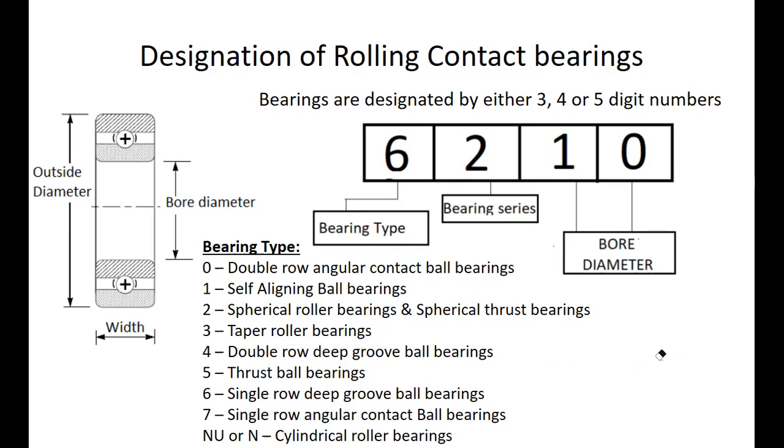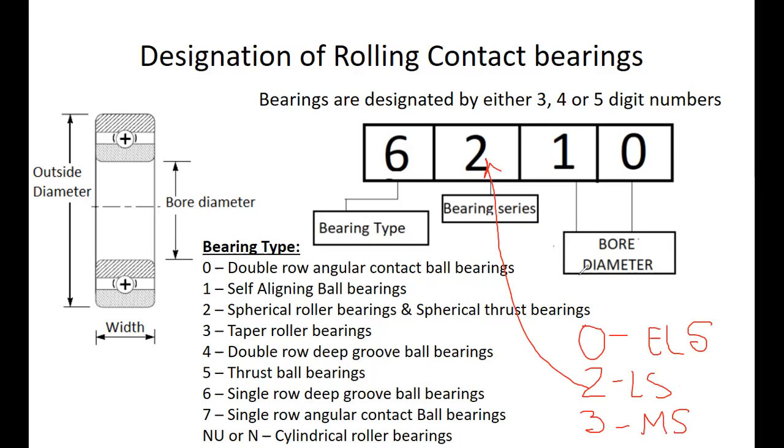Extra light series. Extra light series means 0, right? I'm writing down here, extra light series means 0. 2 indicates light series. So here you can see this 2 means light series. 3 indicates medium series. And 4 indicates heavy series.